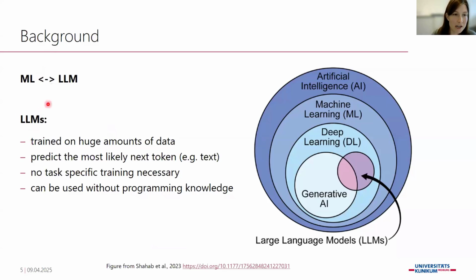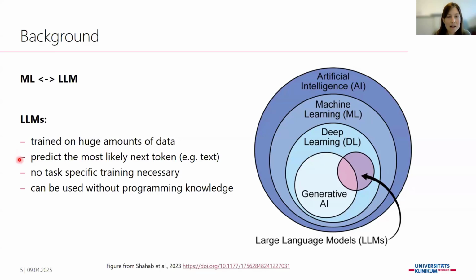So the main focus will be large language models. As you may know, large language models are trained on huge amounts of data, and they always predict the most likely next token, so, for example, the most likely next text occurring to a given text.